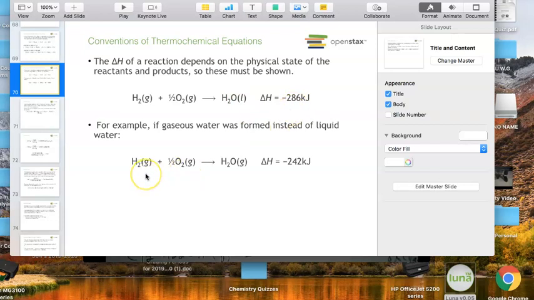If we look at hydrogen gas and oxygen gas producing water that's not in the liquid form but in the gas phase, you see that the change in enthalpy is different. So the state of matter is critical here. Make sure you include the state of matter in your reactions, and note the state if you're looking up enthalpy values.